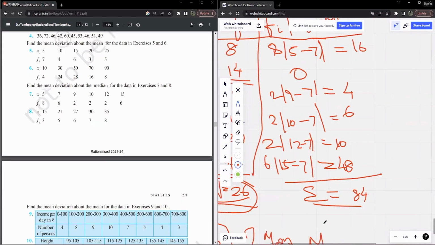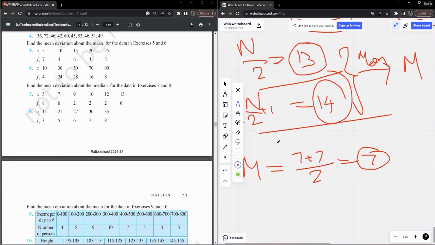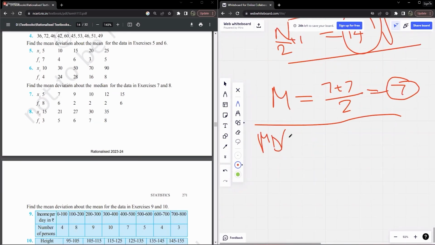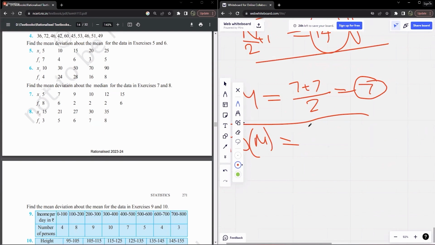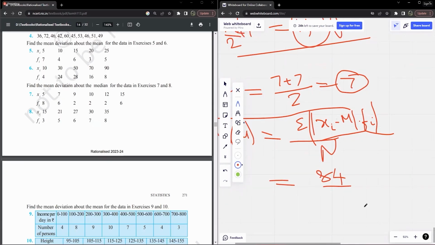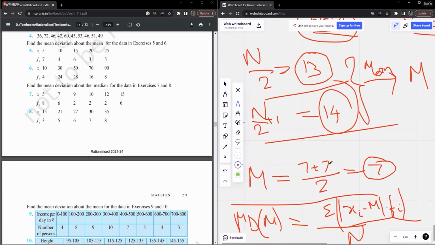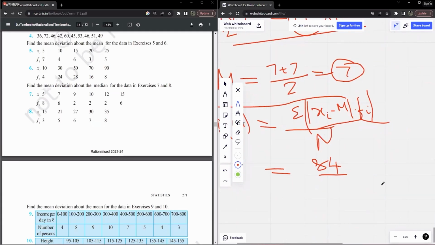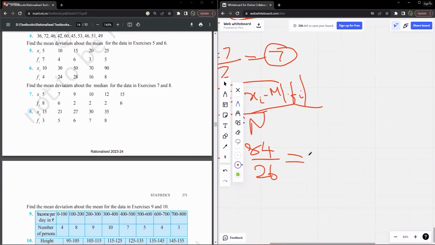Therefore, we have the mean deviation above the median being equal to the sum of fi times |xi minus M|, whole divided by capital N, which is basically equal to 84 divided by 26, which gives us 3.23.